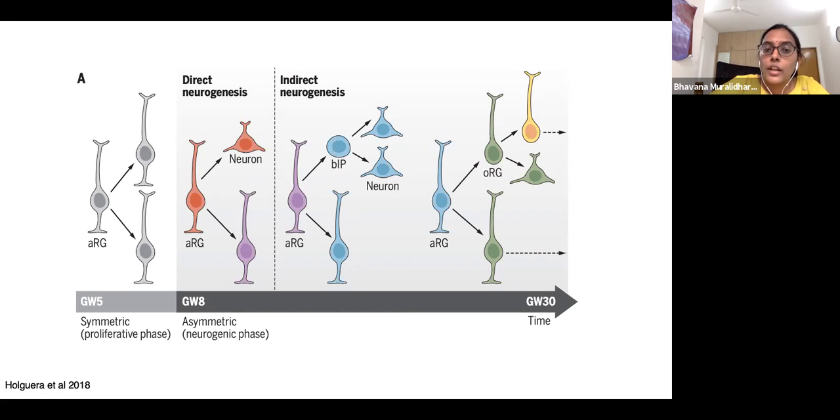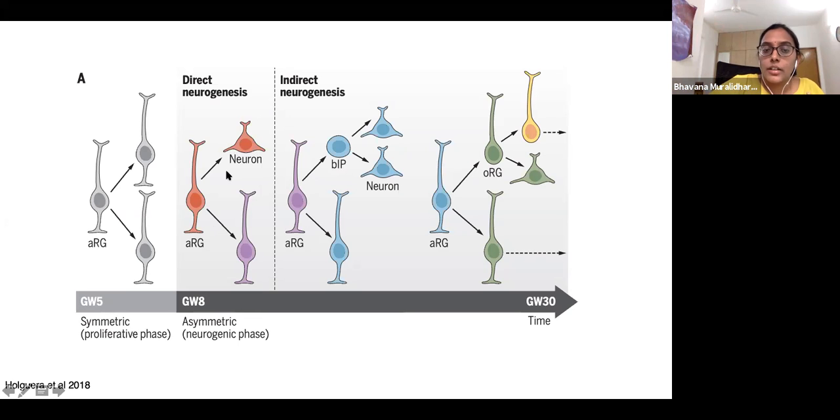If the cortex were to only undergo direct neurogenesis, then probably you'd not be able to generate enough numbers. So basically, all these kinds of divisions have perhaps come in evolution simply to accommodate the expansion. Because of these divisions, you have expanded your neuronal pool, going from simple organisms to more complex organisms.